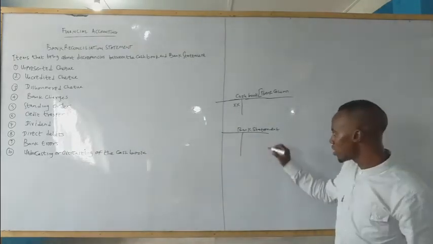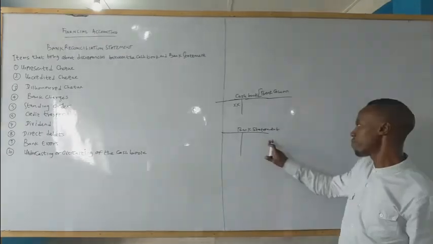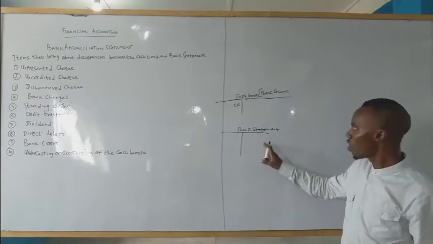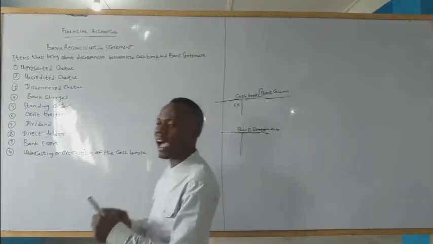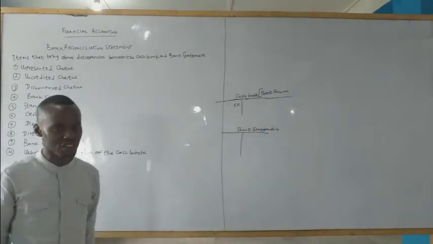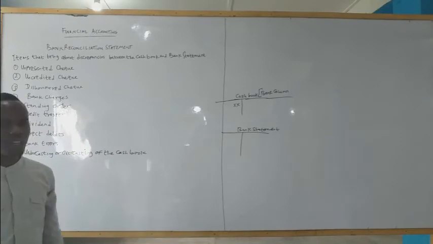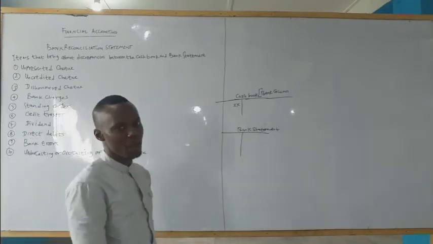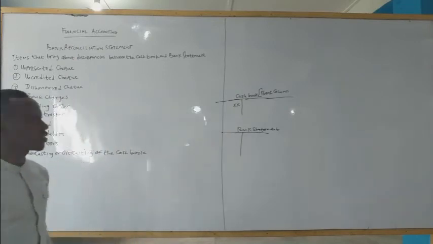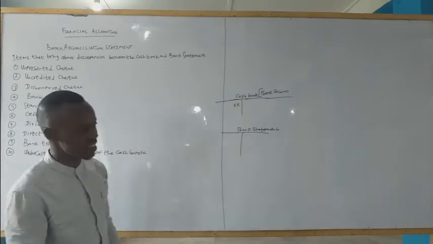So by so doing, no entry is here. But we have already debited that amount in our cash book, saying that we have received it, but the bank has not reckoned with it. Meaning that our cash book is overcasted by that amount.